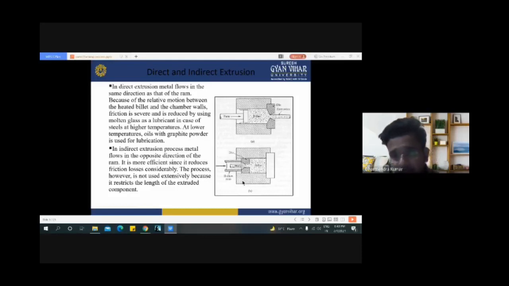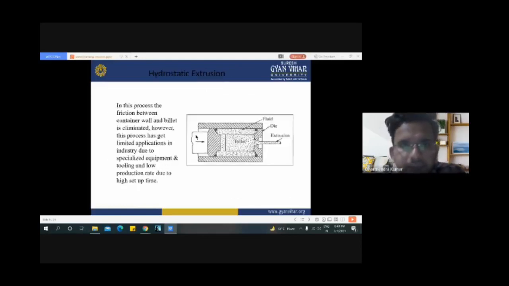But in indirect extrusion, the ram is pulling in the opposite direction of obtaining the diameter of the workpiece, because the die and the ram are associated with only one side in indirect extrusion, and the other side is totally packed. This is the difference between direct extrusion and indirect extrusion.